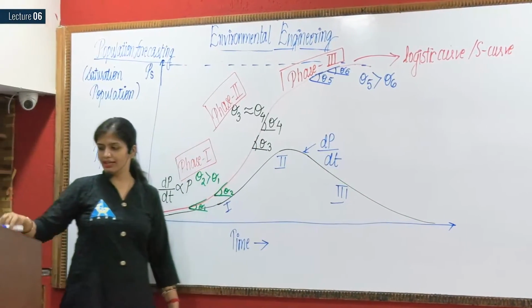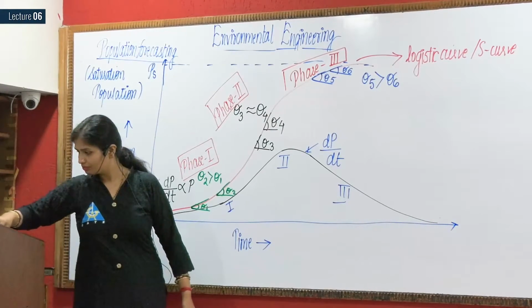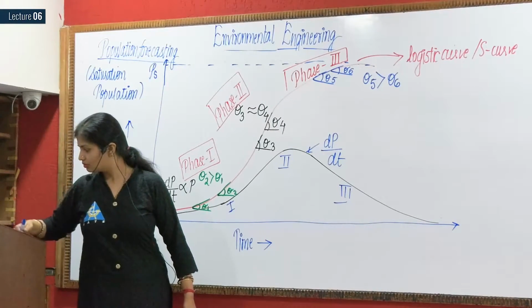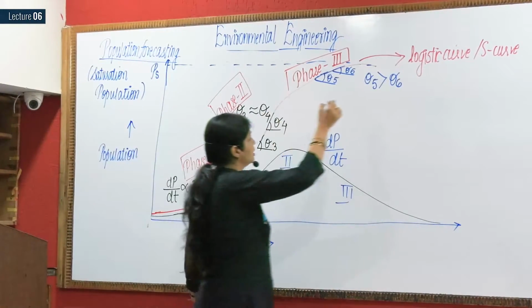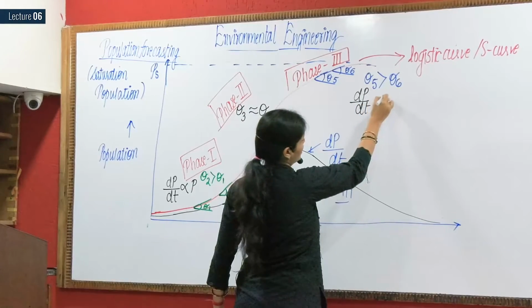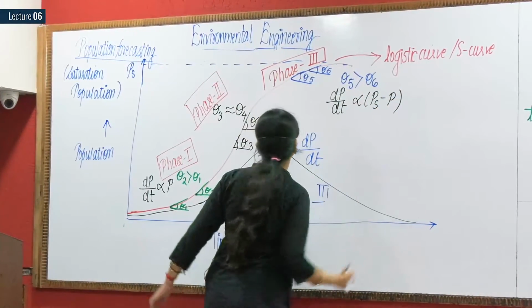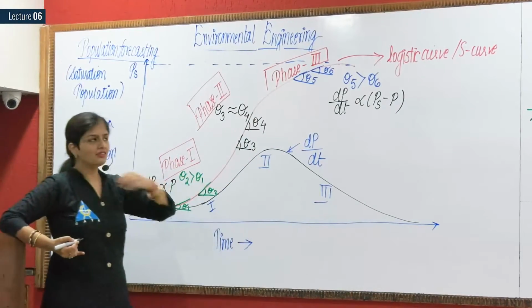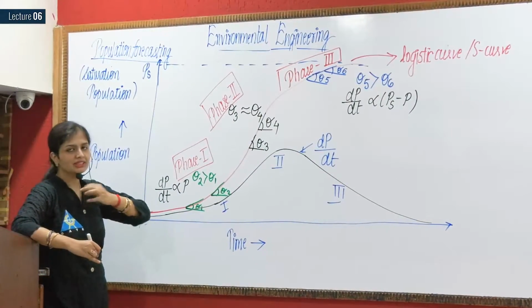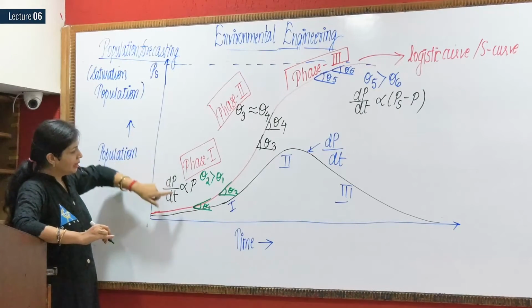Fine, and you can write it here. So with the black pen only I've written now. This one: dp by dt is directly proportional to PS minus P. If you understood this graph, there is no need for writing that theory, but still you can use it for your further reference.